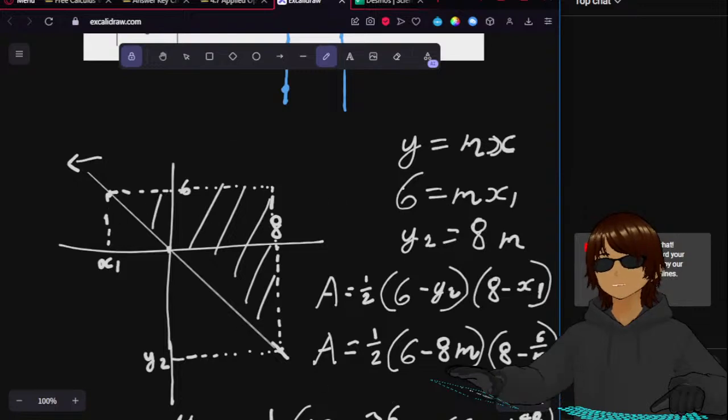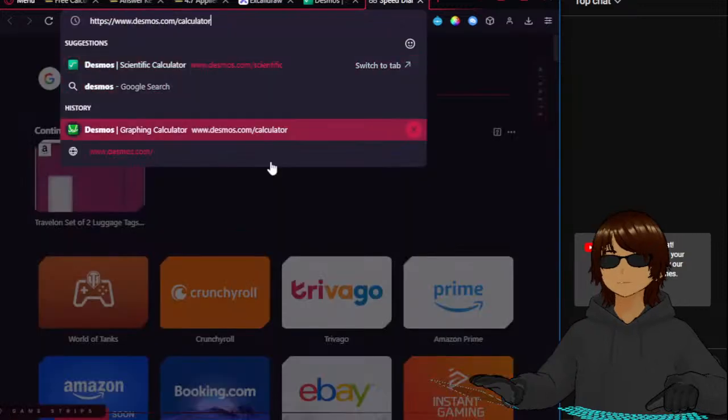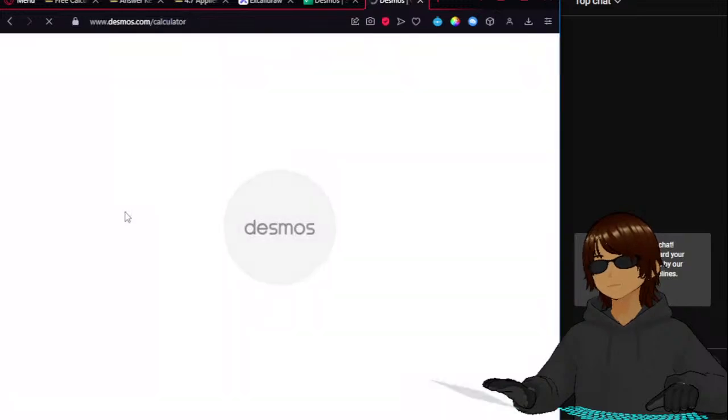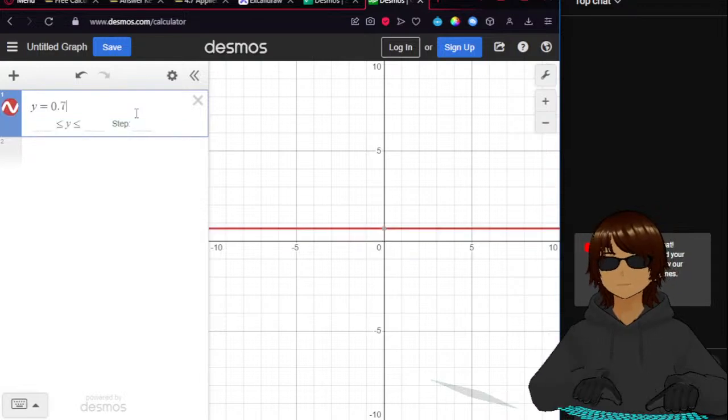If this is 0.75, wait, hold on. Desmos calculator. Why is it 0.75?